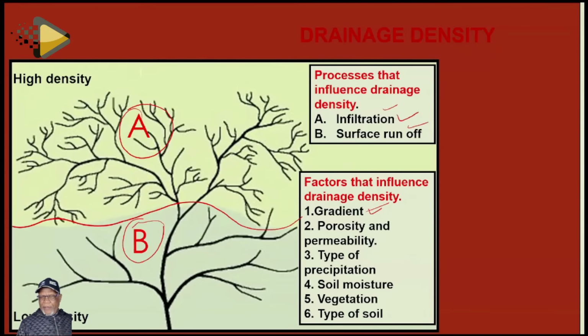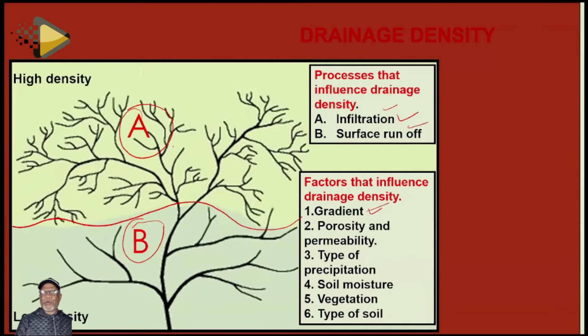Then we have another factor like porosity and permeability. Porosity and permeability is the same as the type of soil, because porosity will determine whether soil is able to allow infiltration or not. You say at A there is low porosity.